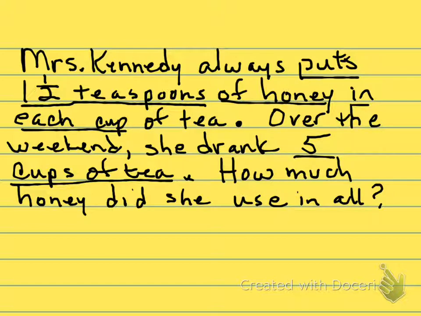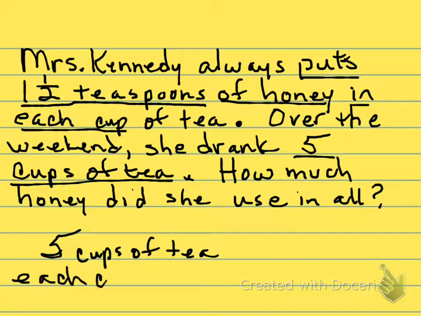So what we want to do is figure out how much honey she used in all. In this situation, we know that she drank 5 cups of tea. We know in each cup of tea, she puts 1 1/2 teaspoons of honey. We need to find out how much honey she's using.